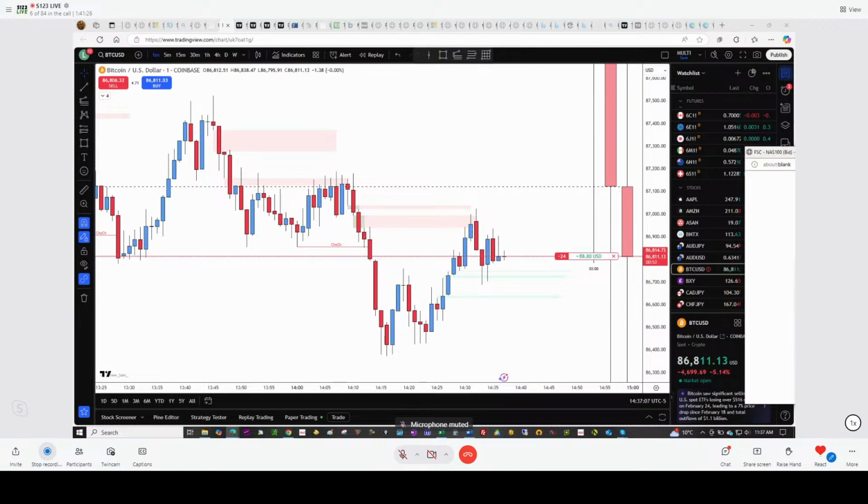Tesla's making a nicer move than NASDAQ is at this point.